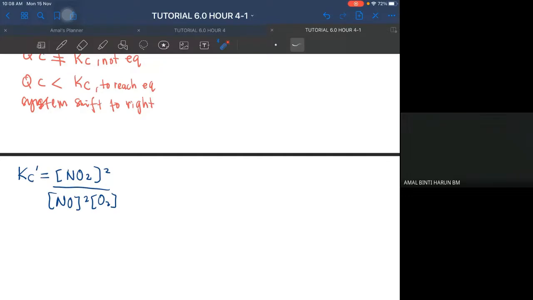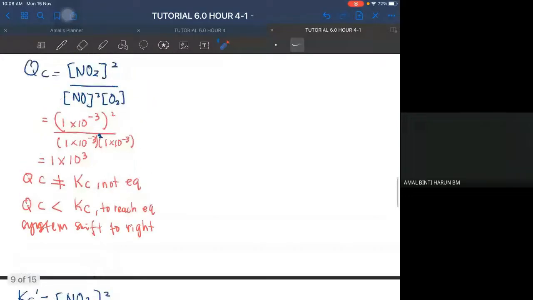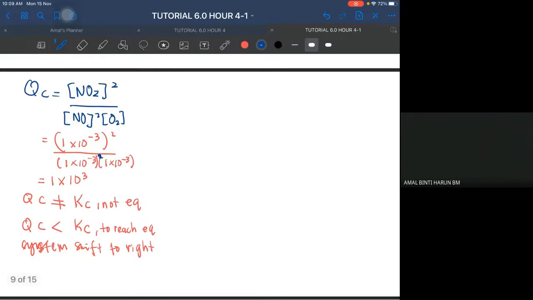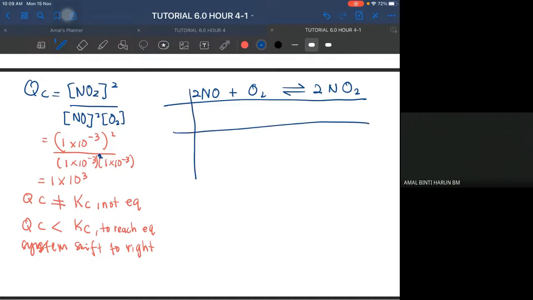So apa yang terjadi adalah kita kena buat ICE table sebab kita nak cari ini. So kita buat ICE table untuk 2NO in form of concentration: initial concentration, change in molarity, equilibrium molarity.